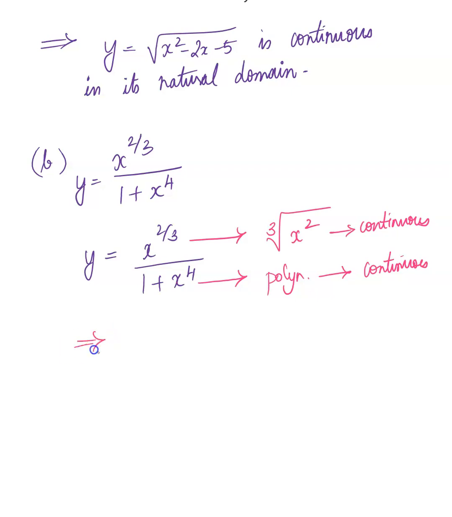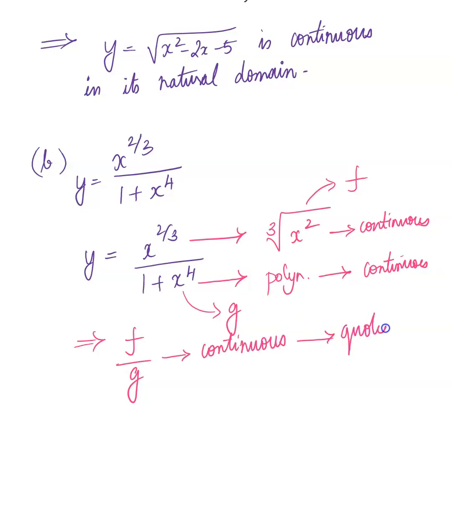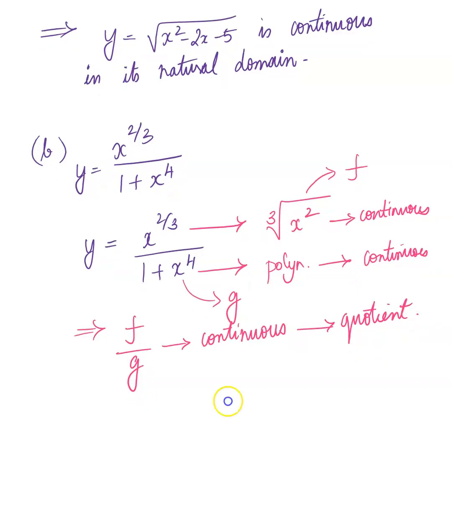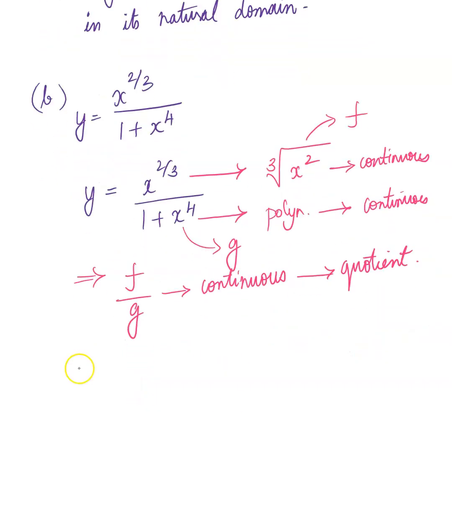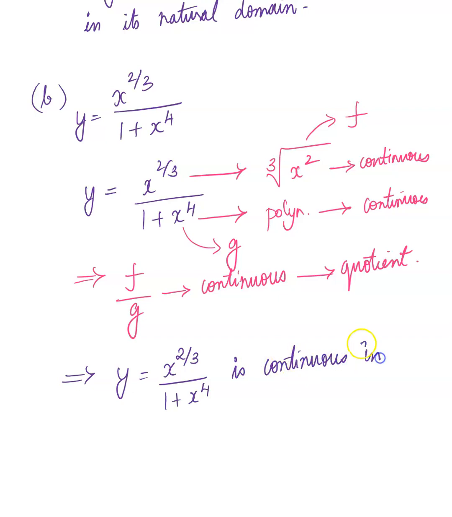So this implies f, so let's say this was, just for convenience, let's call this f and let's call this g. That means f over g is also continuous by quotient property. And therefore we can collectively say that y equals x power 2 over 3 over 1 plus x power 4 is continuous in its domain.